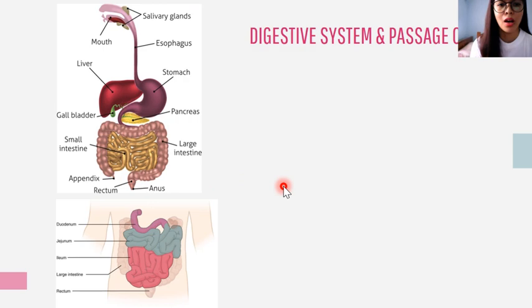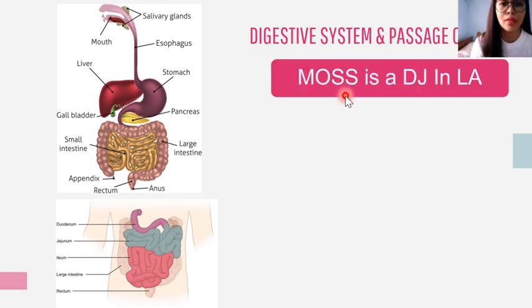Okay, so what organs of the digestive system does your food pass through to process your food? Okay, so for that, I will give you a mnemonic so that you can remember. Okay, so the mnemonic is MOS is a DJ in LA. Okay, so each capitalized letter of this mnemonic will represent an organ of your digestive system.